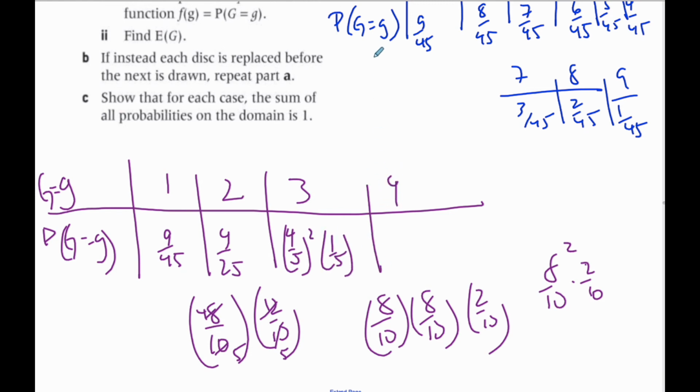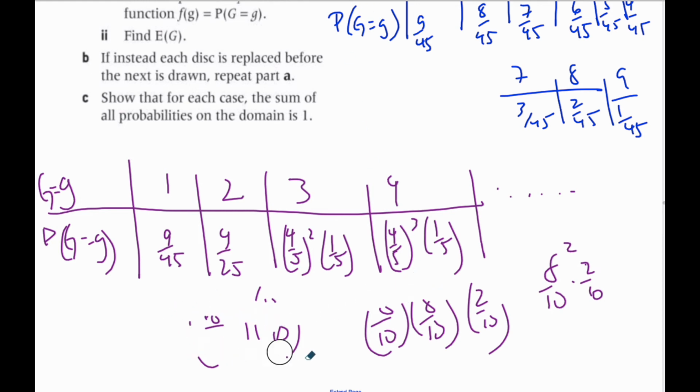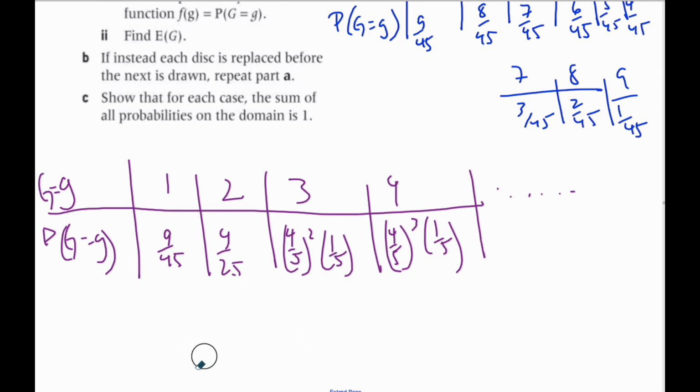If it's the 4th time out, well, I think you can start to see the pattern is going to end up being 4/5 cubed times 1/5. And this can go on forever and ever. And so now there's my probability distribution. It's going to follow this particular infinite geometric sequence forever.